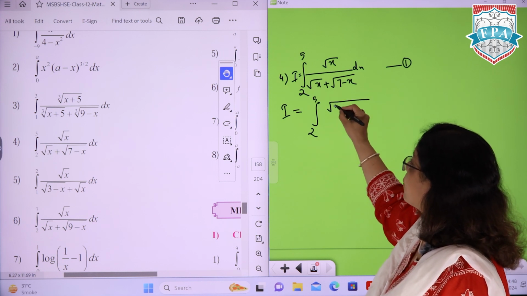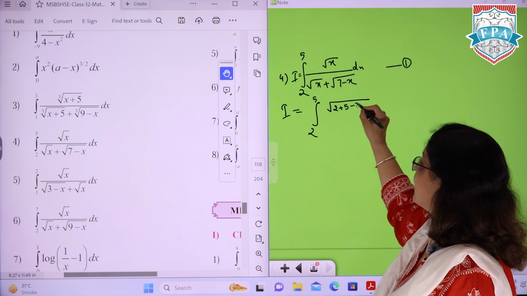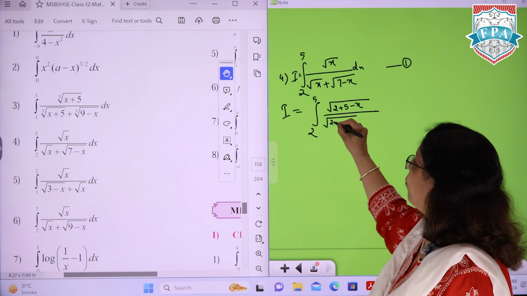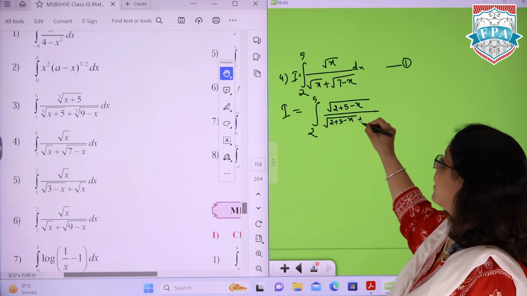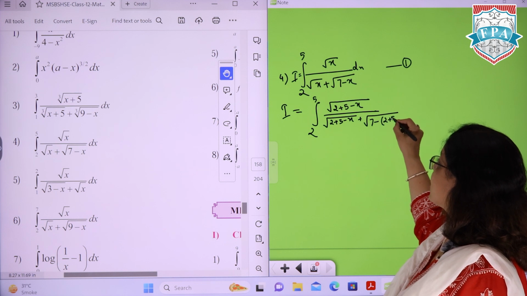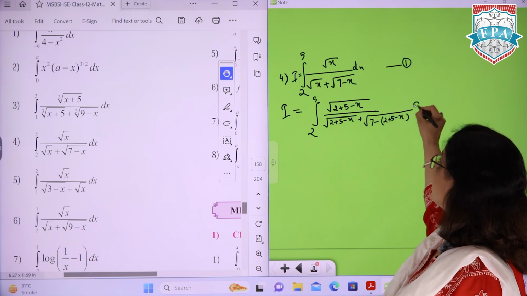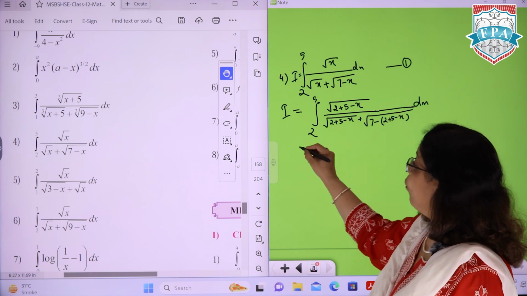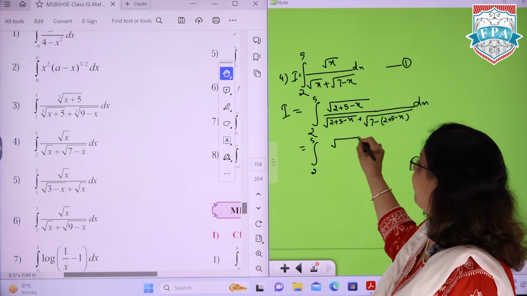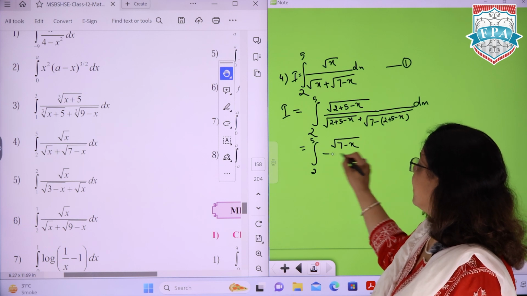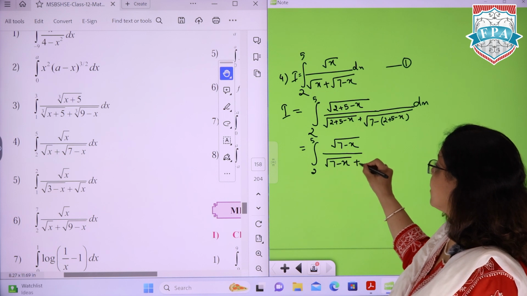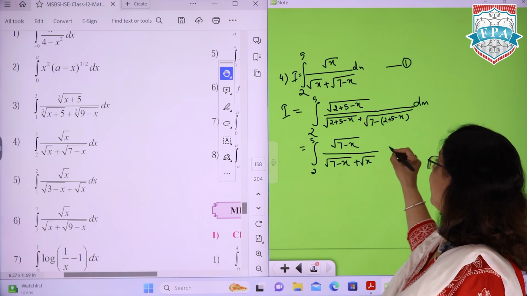Here instead of x we'll write 2 plus 5 minus x upon here also 2 plus 5 minus x plus here also 7 minus (2 plus 5 minus x). This is dx. Now when you open this, आपको जो answer मिलेगा, now this will become root 7 minus x, this will become root 7 minus x, and now you will get this as root x.